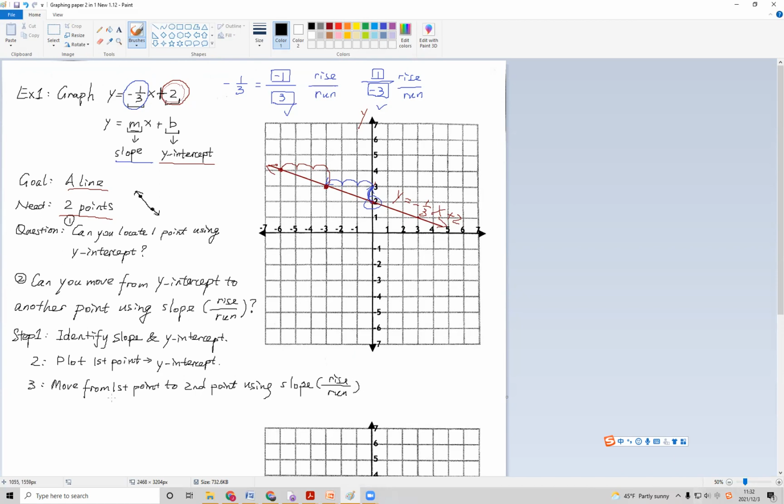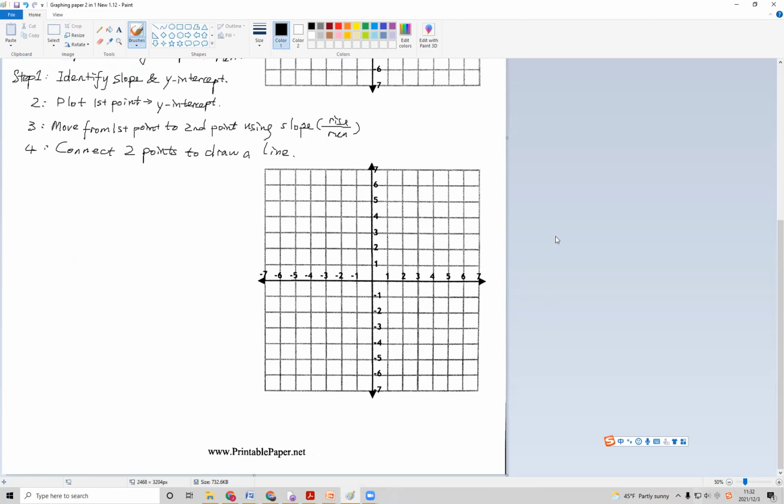Then you can move. Step 4, connect. Connect the 2 points you graphed to draw a line. Okay, that's it.